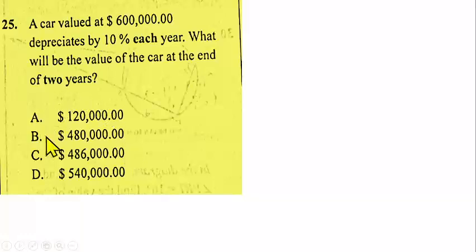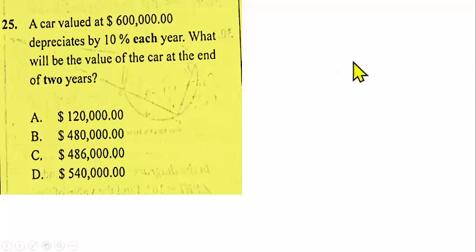So now the question is from depreciation and also from arithmetic of finance. Then what can we do? You are given the value of the car at the beginning, which is $600,000, depreciating by this rate, 10% each year, and since it depreciates at a constant rate each year, instead of doing it step by step, we can also use a formula, which is the formula for finding amount in compound interest.